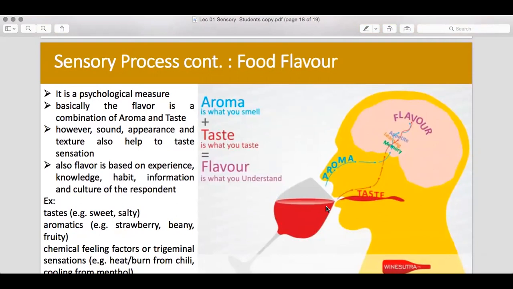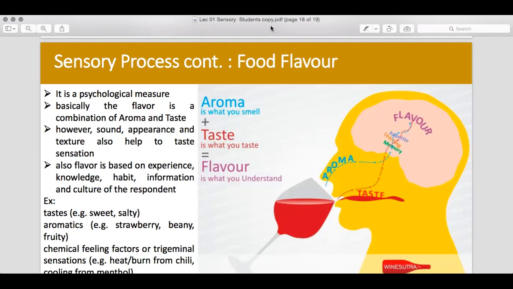As we have discussed, flavor is a different term. You know what is aroma, you know what is taste, and then flavor, right? Aroma means smell. We can feel smell in 2 ways: orthonasal and retronasal, and what are the responsible organs and how it works.